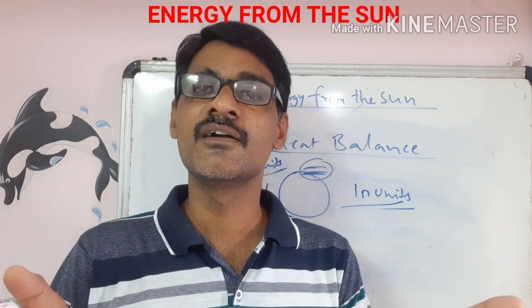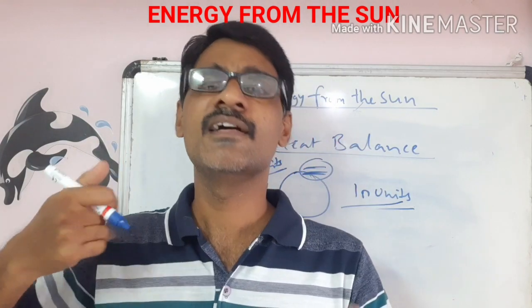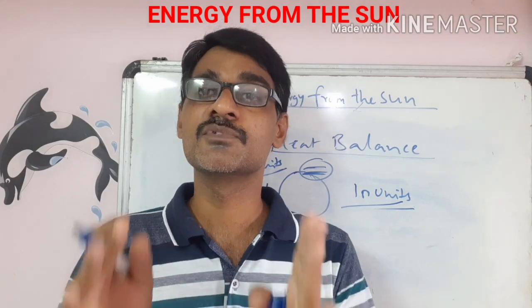So it leads to the destruction of the living things on the earth's surface. So earth becomes hotter and hotter. For example, if it releases more than the received amount, then the earth becomes cool.